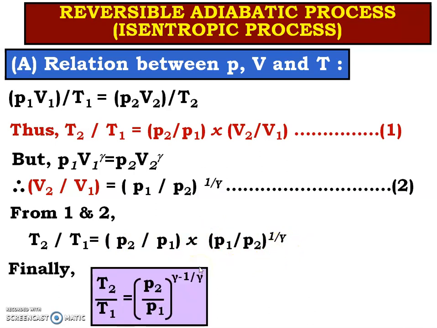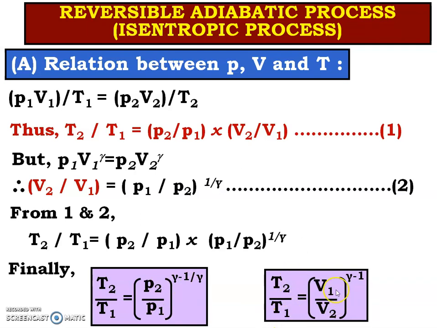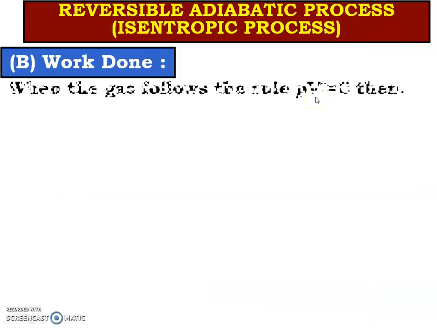On simplification, we get T2 by T1 is equal to P2 by P1 raised to gamma minus 1 upon gamma. And previously we got T2 by T1 is equal to V1 by V2 raised to gamma minus 1. So this is the relationship between P, V and T, for which process? Reversible adiabatic process.